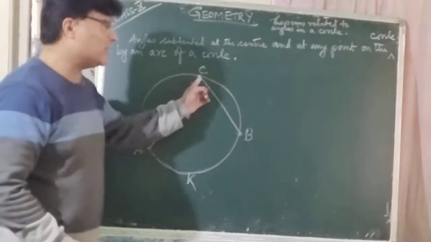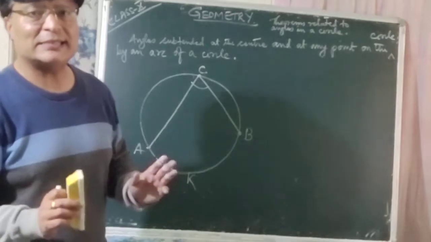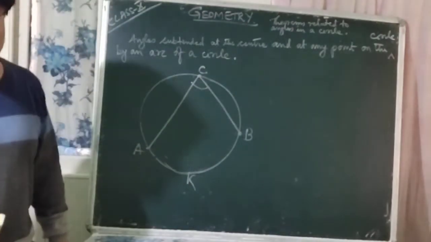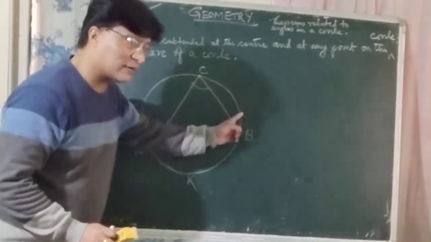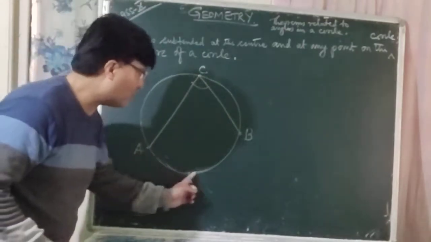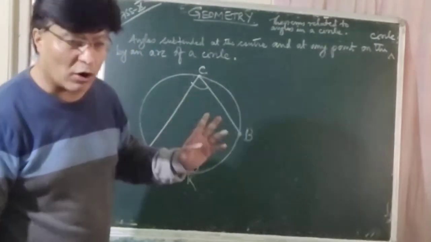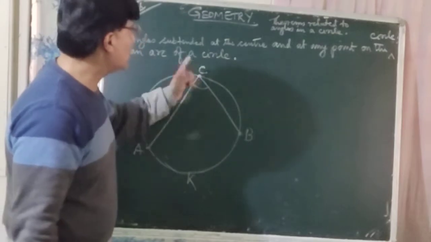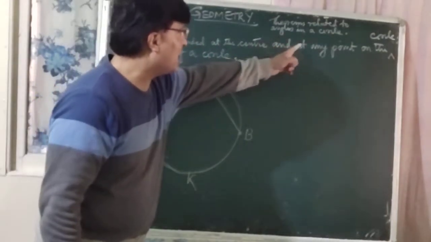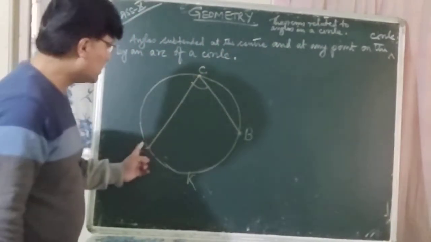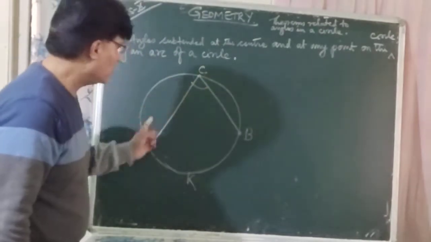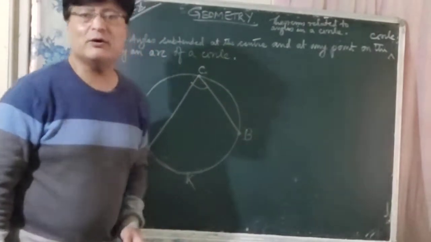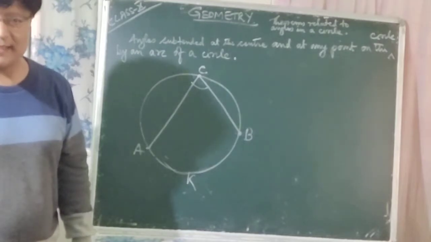So this angle ACB is the angle at the remaining part of the circle subtended by the arc AKB, or angle ACB is the angle subtended at any point on the circle by an arc AKB of the circle. Is that clear?